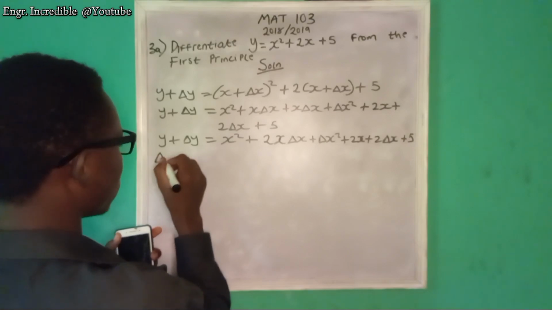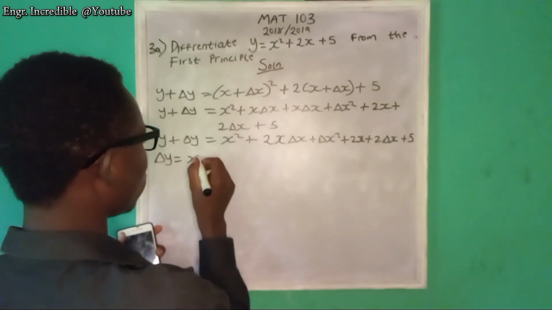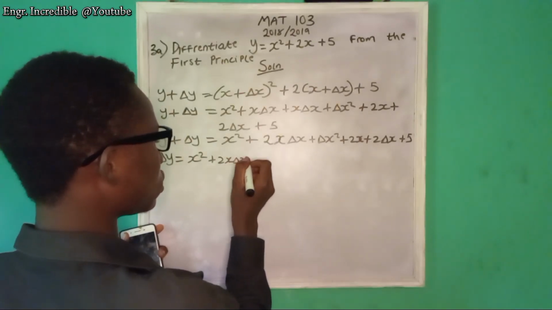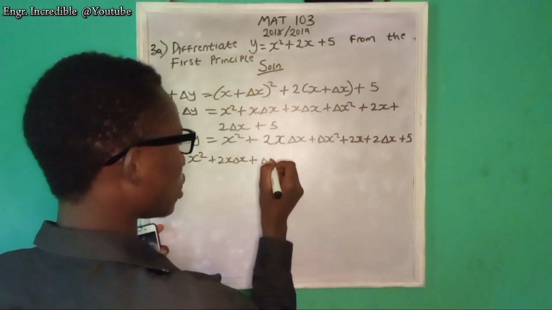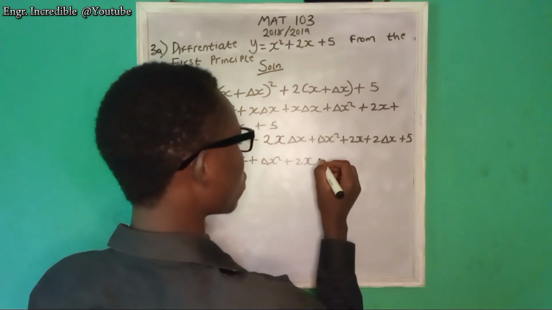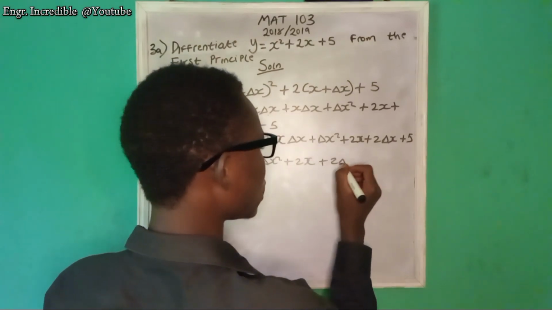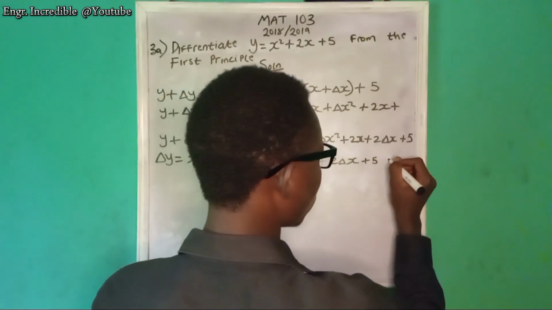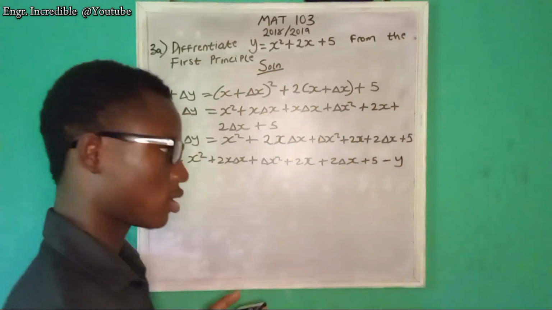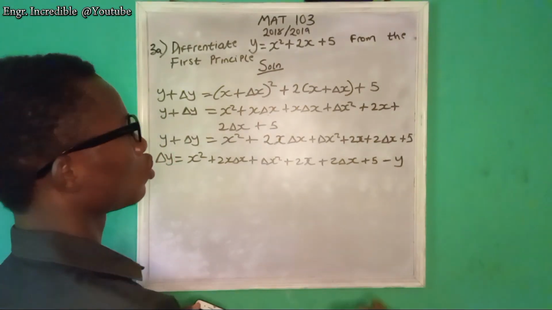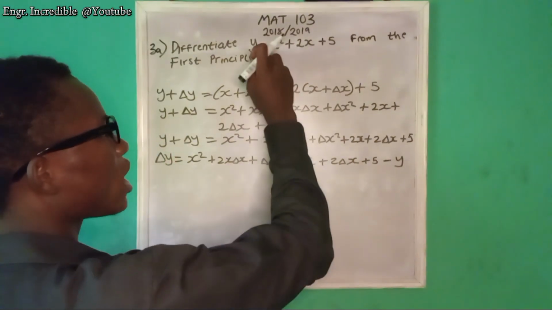So we have delta y is equals to x squared plus 2x delta x plus delta x squared plus 2x plus 2 delta x plus 5 minus y. It doesn't stop here. We don't just leave y here. Back from the equation, we have y is equals to this.